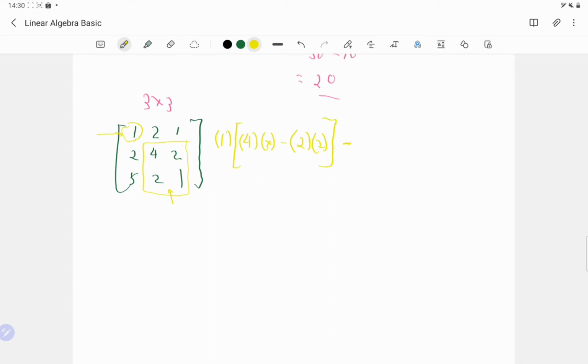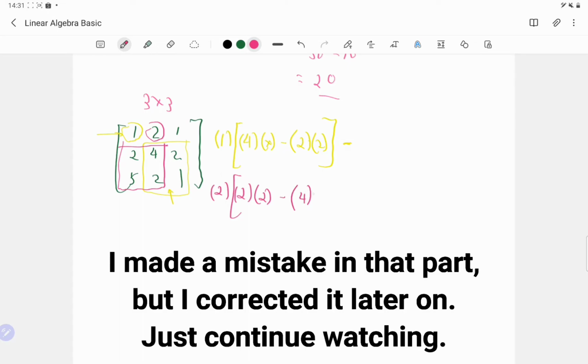Minus, okay, next we are going to do the second column, then do this 1, okay, 2, do the 2 by 2 matrix, 2 minus 4 times 5 plus. Make sure you watch out for this: the first is minus, the next one is plus.